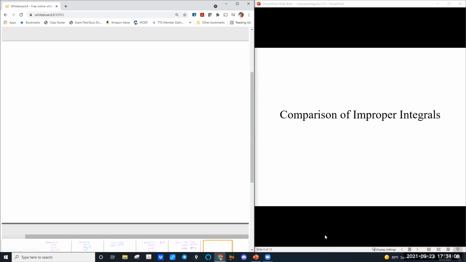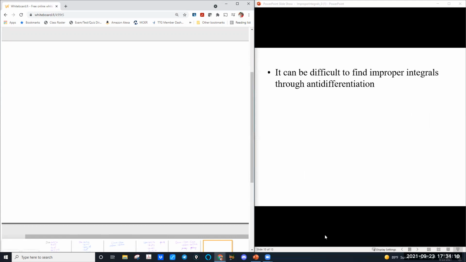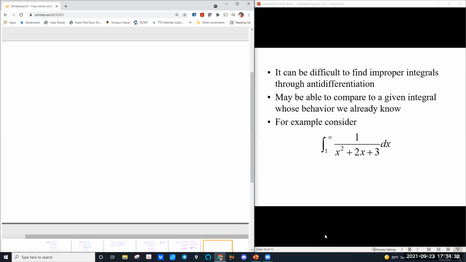Now, sometimes we have improper integrals that are tough to do via anti-differentiation. We discussed that on Tuesday with our numerical integration, right? Well, we may still care whether they converge or diverge. So what we do is compare to a known integral which we already know converges or diverges.